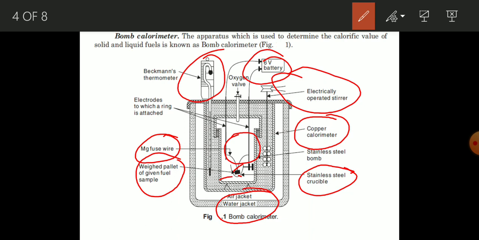That is, the heat liberated is taken up by the calorimeter water. The initial and final temperatures of the calorimeter are noted with the help of the Beckman thermometer, that is T1 and T2.